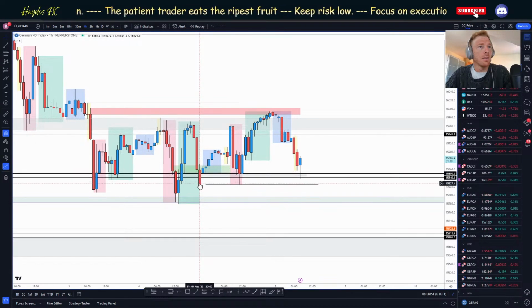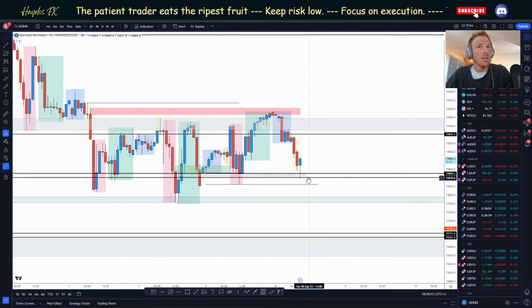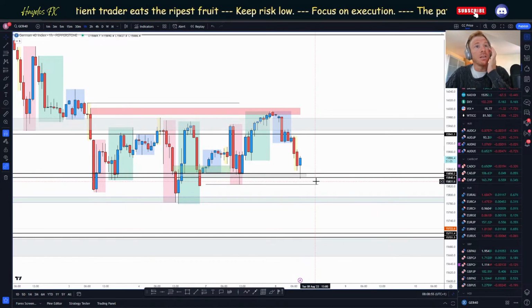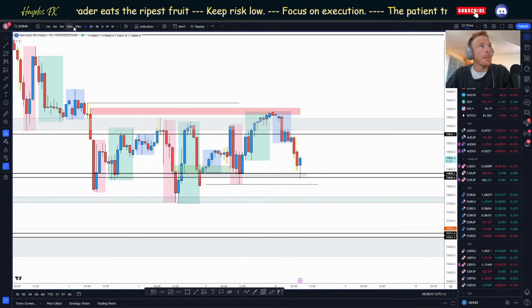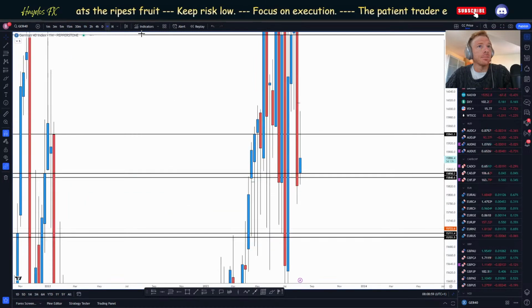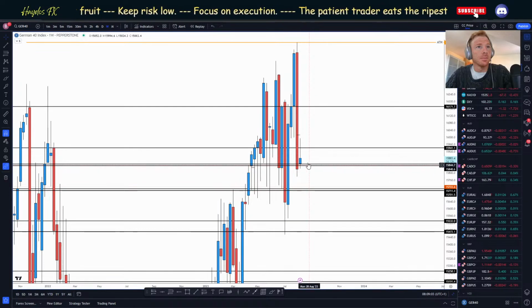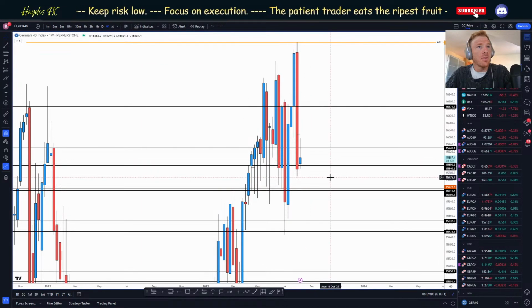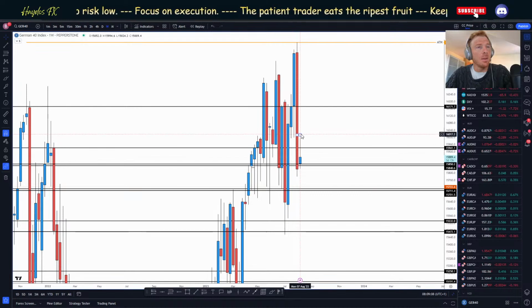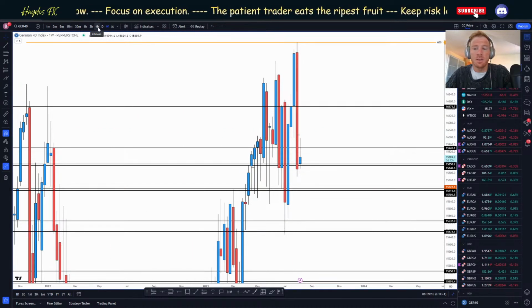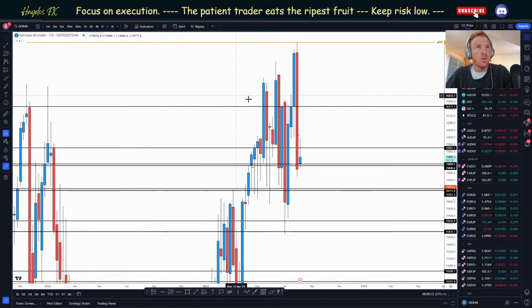And that's also a monthly level there too. Yeah, I still have these two here, 15,850. I wouldn't be surprised if we keep ranging. We push up a little bit higher for the top wick.